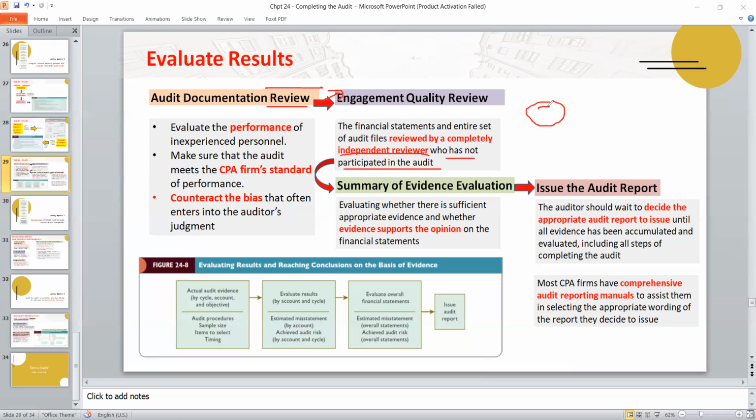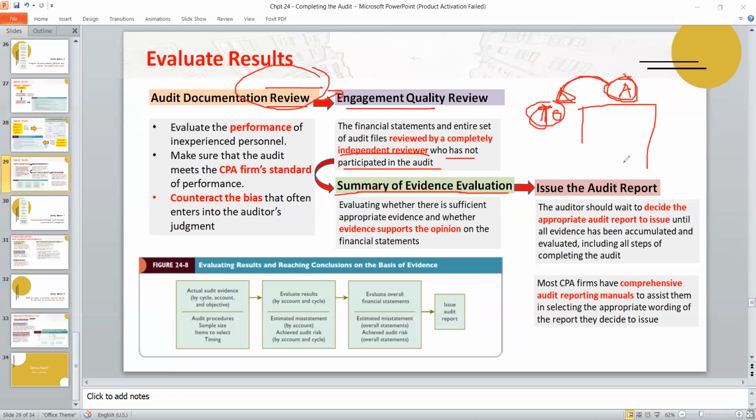The team conducts the audit, and another person reviews the team's work. In audit documentation, there is a reviewer, a kind of controller for the personnel's work. In the engagement quality review, an independent reviewer reviews this team's work. Then the summary of evidence evaluation.